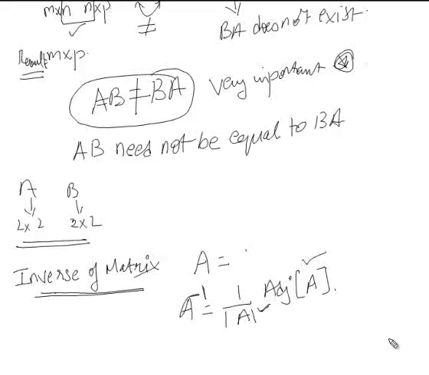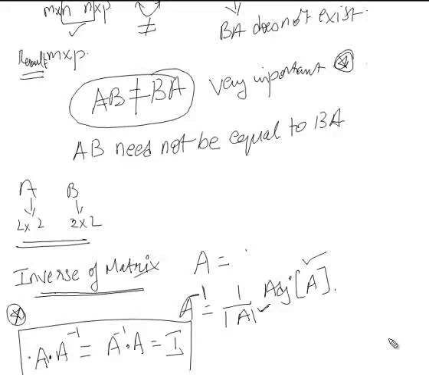And the property of inverse is such that A into A inverse is the same as A inverse into A, which is the same as identity. This is a very important property we need to remember. When I multiply the matrix with its inverse, it's the same as the identity.